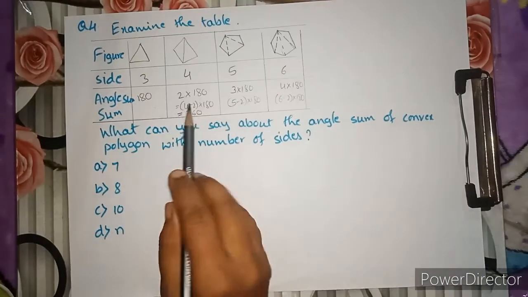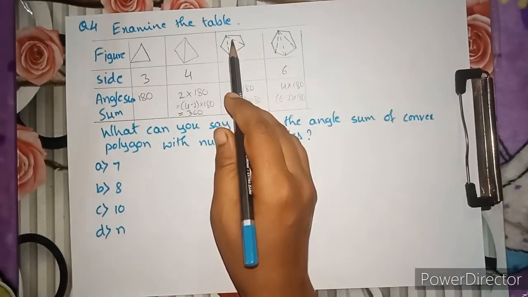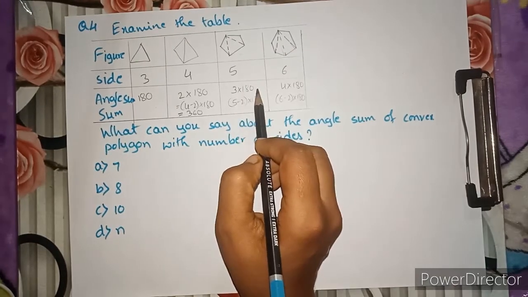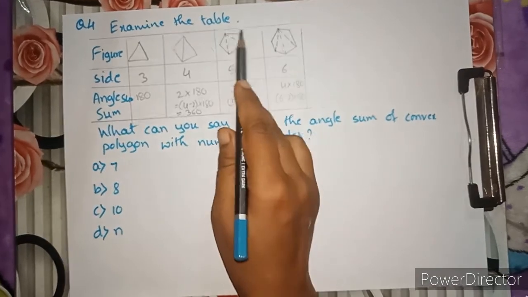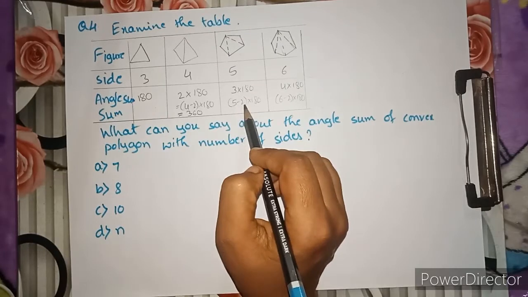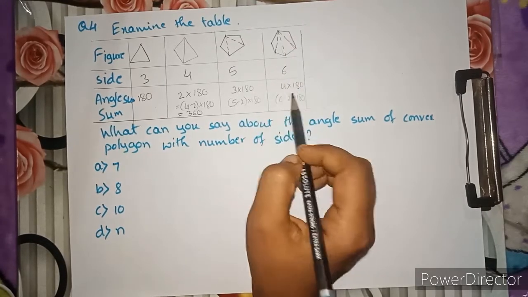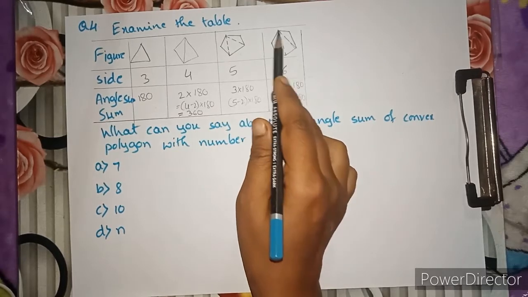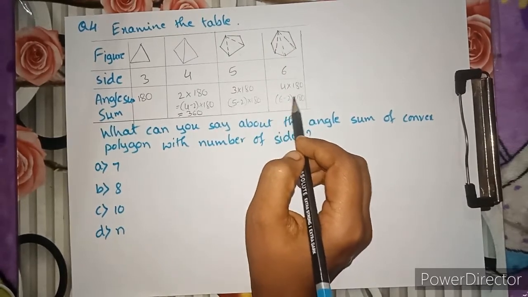For quadrilateral we have 2 into 180, and for pentagon we have 3 into 180, means 5 minus 2. Sides are 5, 5 minus 2. And for hexagon we have 4 into 180, means 6 minus 2, that is 6 sides are given, 6 minus 2.